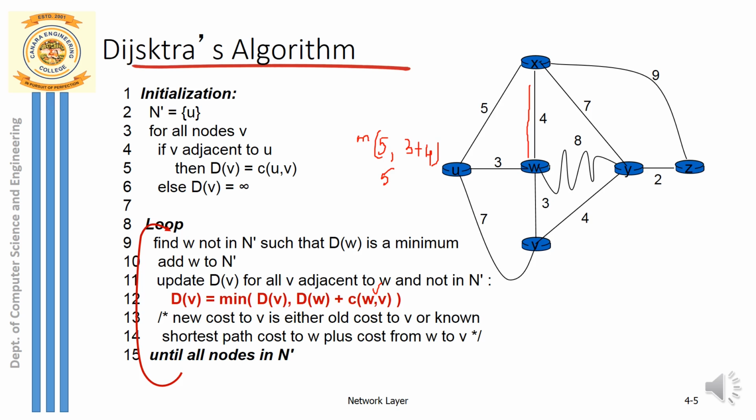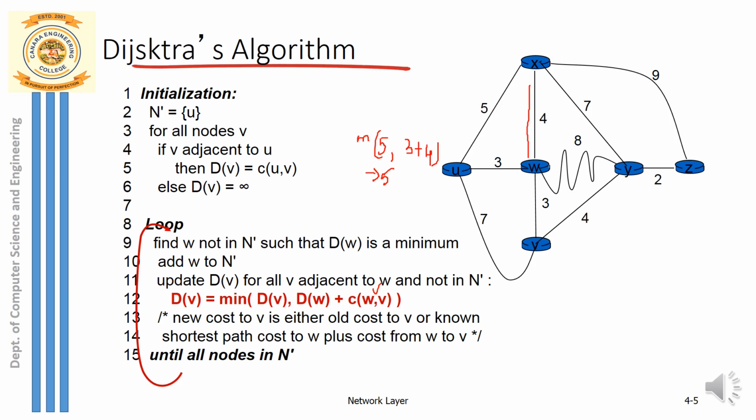So 5 is the smallest distance that I have calculated from the node u to the node x. Since in step 0 we found that 5 was the distance, and now in step 1 also we found that 5 is the minimum distance, I don't have to update the previous value, so keep the same.